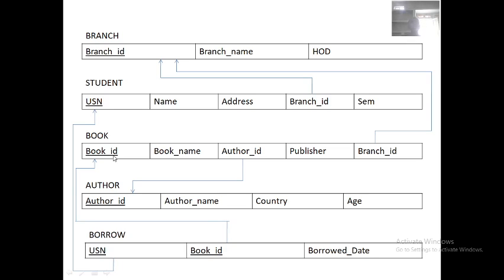So all five tables are interlinked, so whenever you are entering values into the tables, you should be very cautious. Why? Because all of them are interlinked.